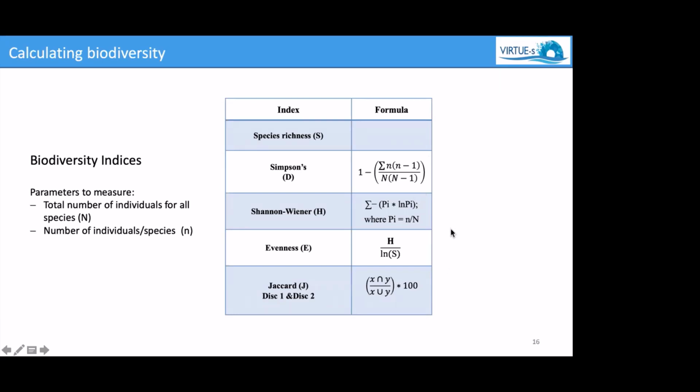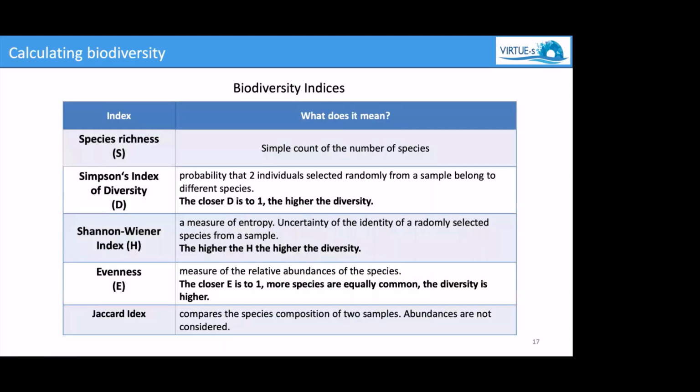Okay, so what would these indices of diversity tell us? Here we have species richness, which is just a simple count of the number of species. Okay, plain enough. And then Simpson's index of diversity is the probability that two individuals you selected randomly from a sample belong to different species.